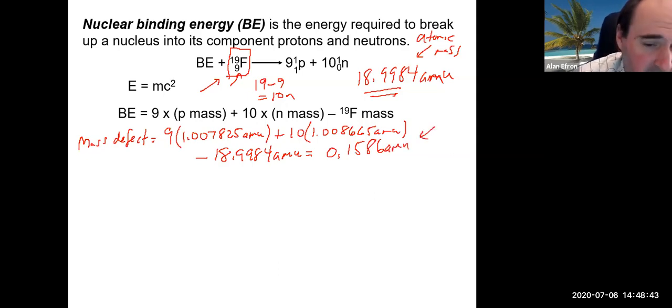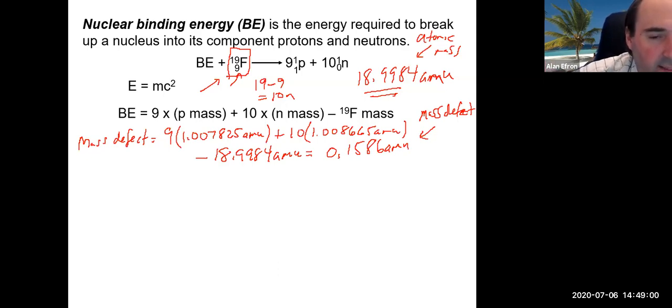This is what is known as the mass defect. That is the difference between the mass of the particles that make up the nucleus and the actual atomic mass of that isotope. That is the mass that's going to be converted into energy through this process.